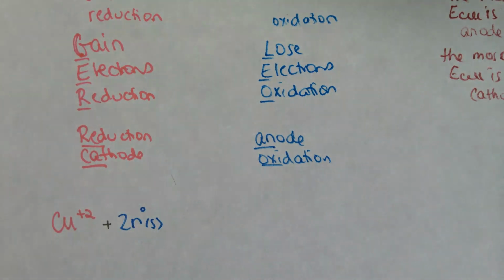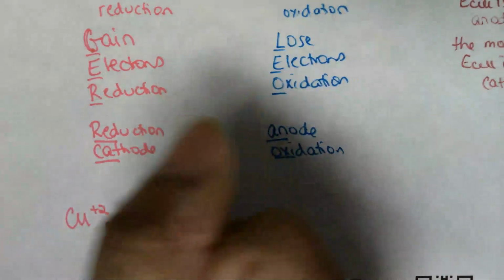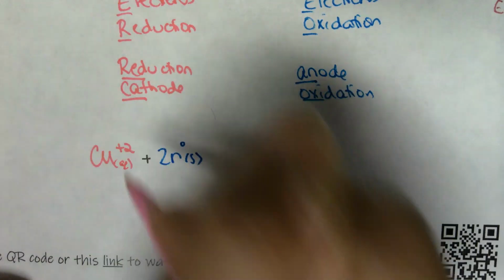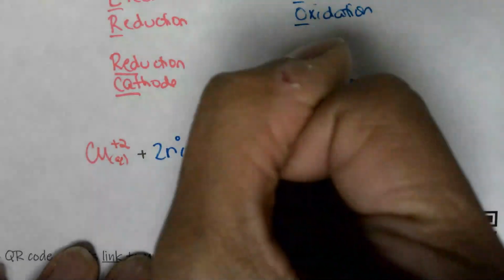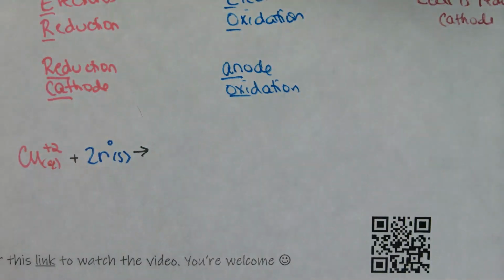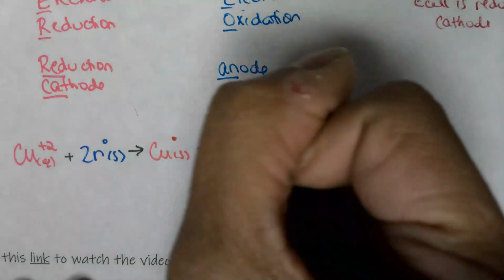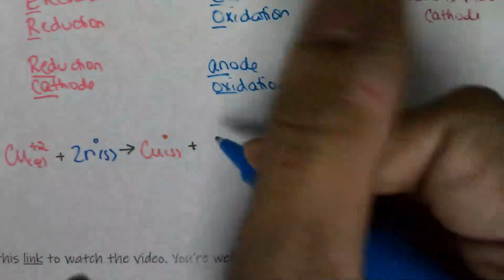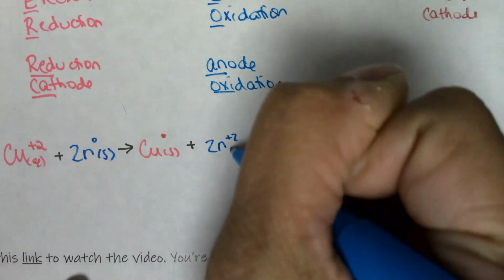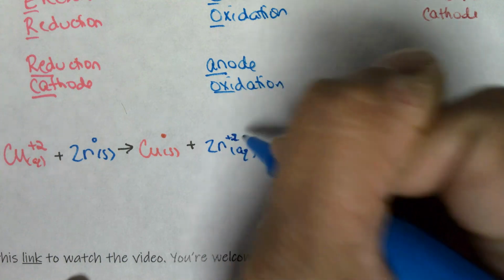Remember, that's a 0 because it's a neutral atom. All right, this is aqueous. And then that produces Cu solid on the electrode. That's a 0 charge. And it produces zinc ions in solution. That's a plus 2 charge.